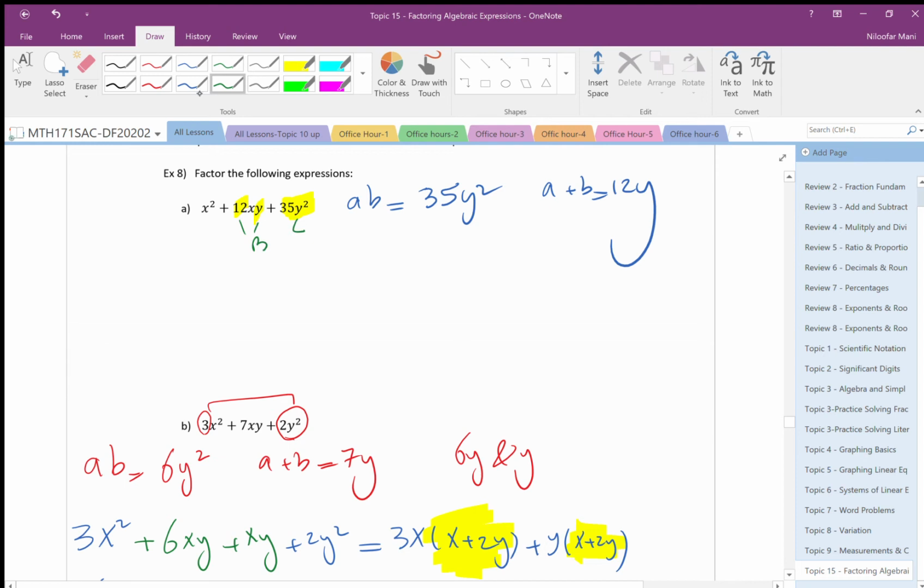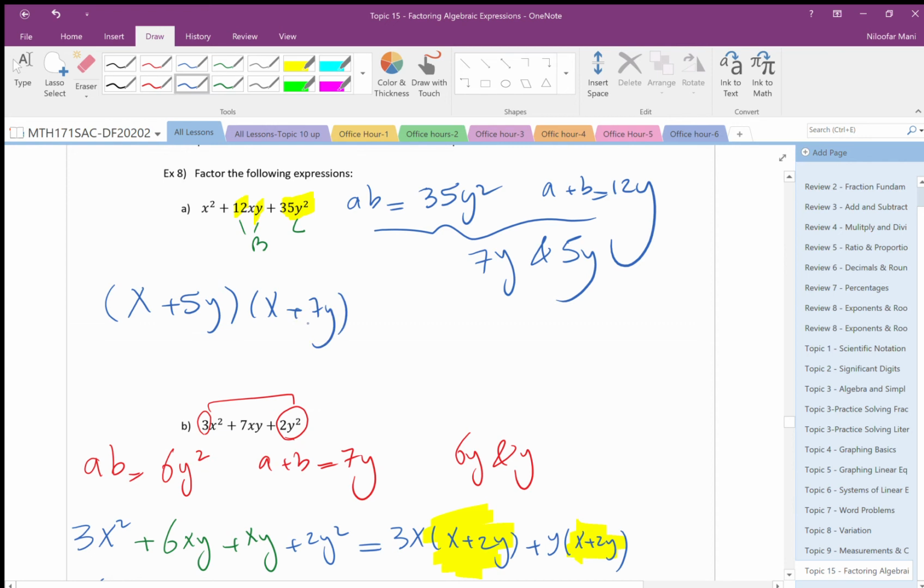So I can answer and say it is 7y and 5y. So now it is x plus 5y multiple x plus 7y. Okay?